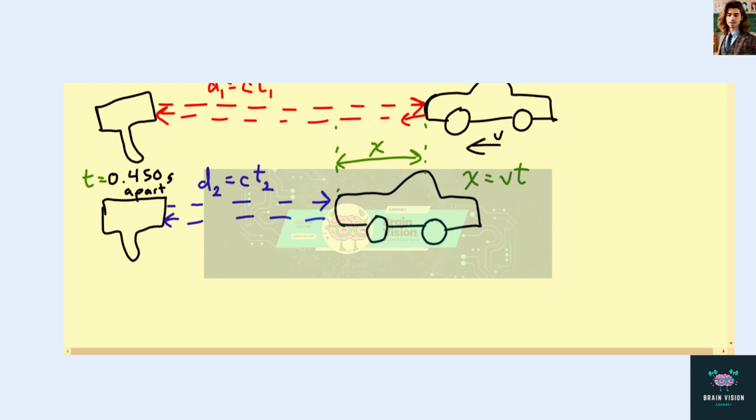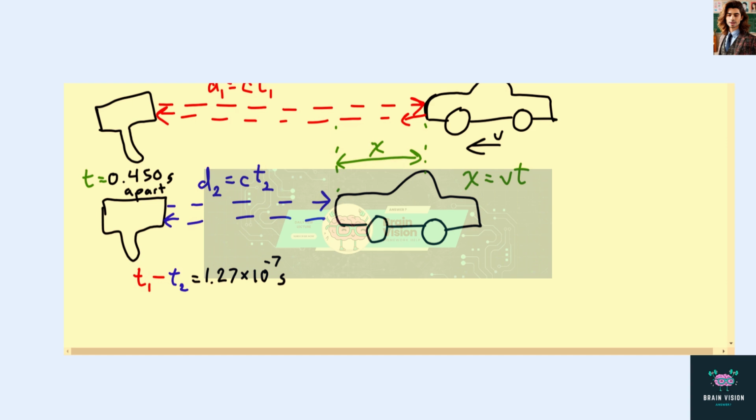We're told that the difference in those times, t1 minus t2, is equal to 1.27 times 10 to the minus 7 seconds. So that's how much quicker that second pulse of light gets to the car and back, which tells us how much shorter this distance is going to be.